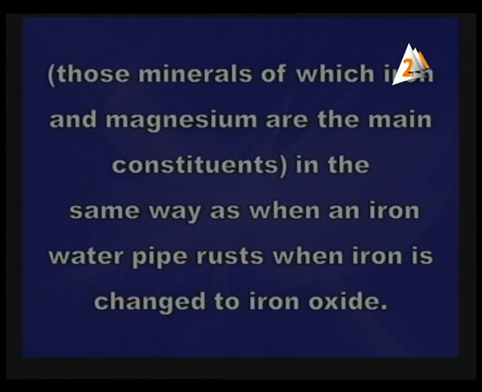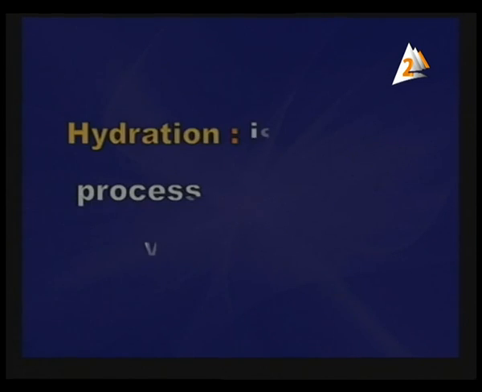So this is a good example of oxidation in the minerals containing iron and magnesium. We call them ferromagnesium minerals, and the example is the rusting of iron pipes.